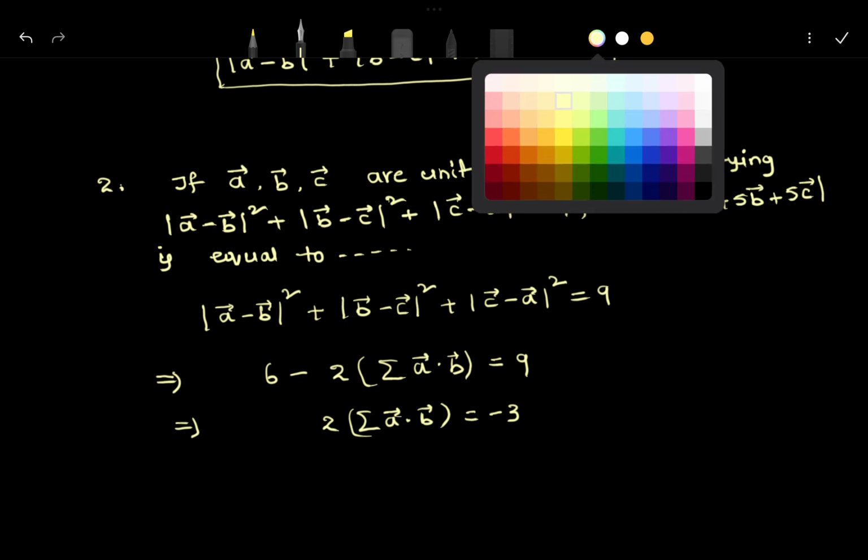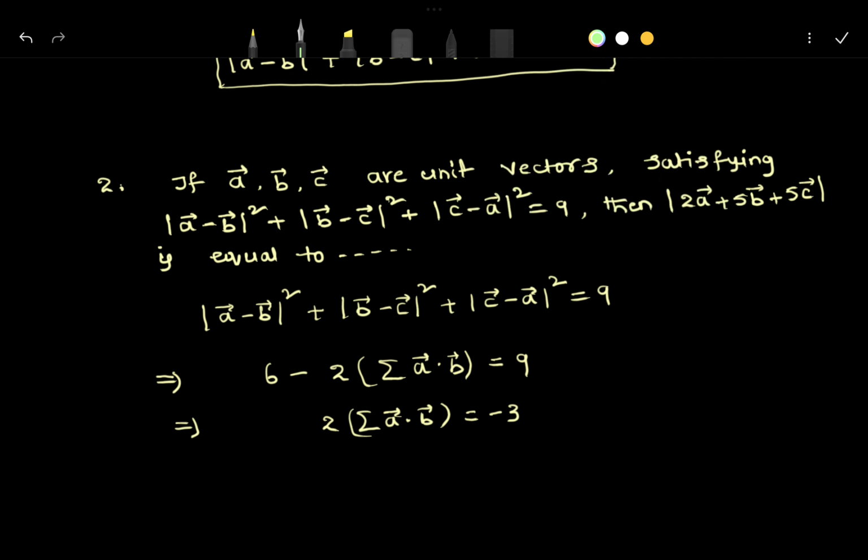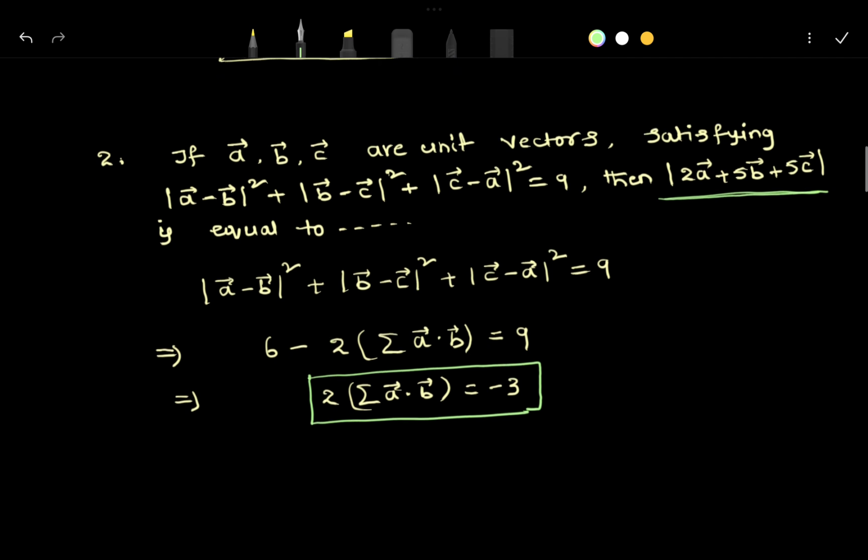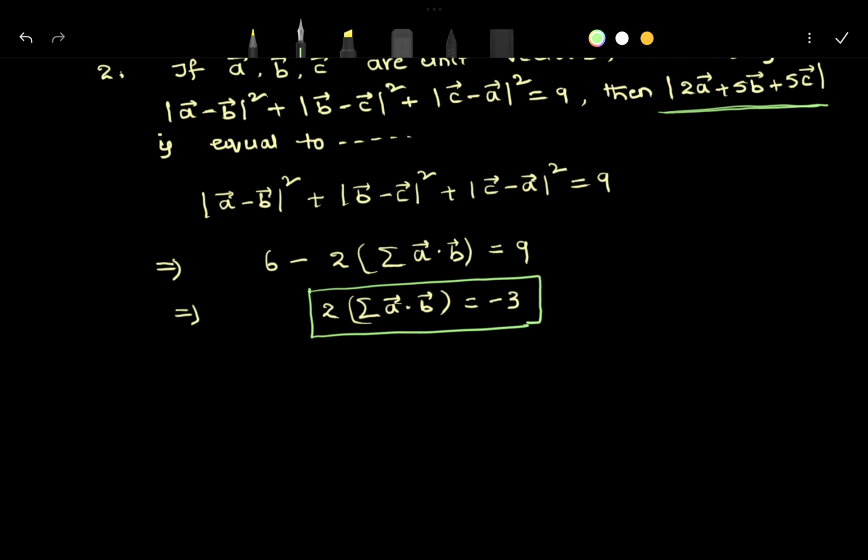Now you see in this one, what is the required value? Modulus of 2a plus 5b plus 5c is the value you require. So now you take modulus of a bar plus b bar plus c bar whole square. You find out this value.